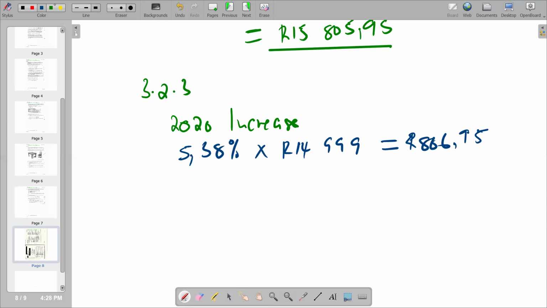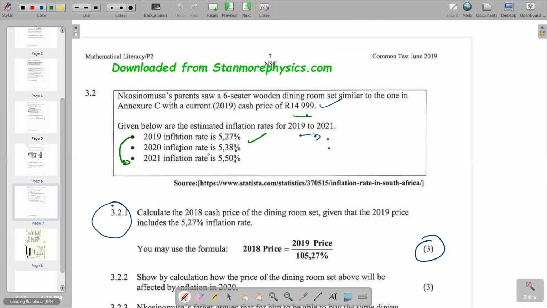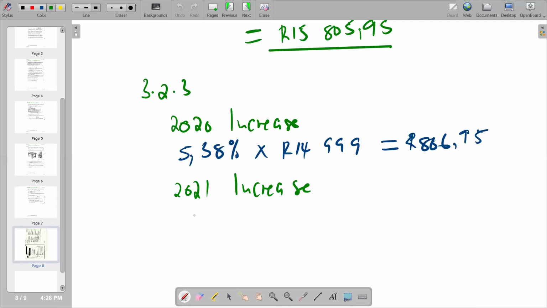So for the 2021 increase, we are now saying 5.50%, and then we multiply by the price of 2020.